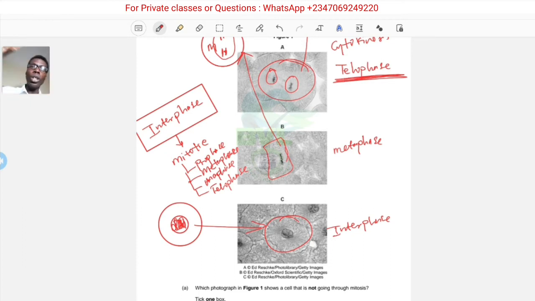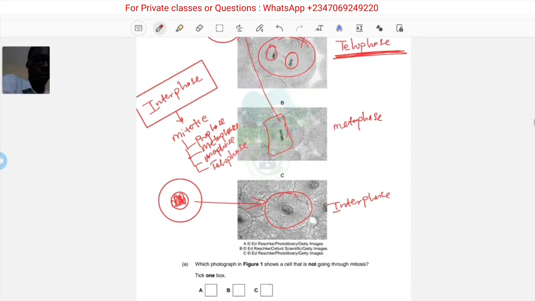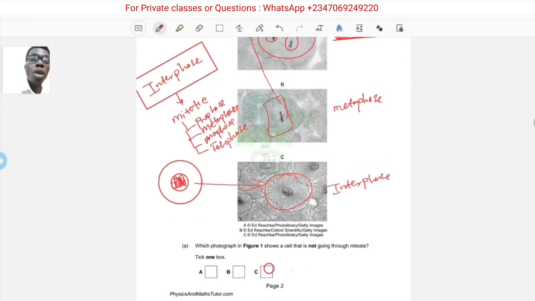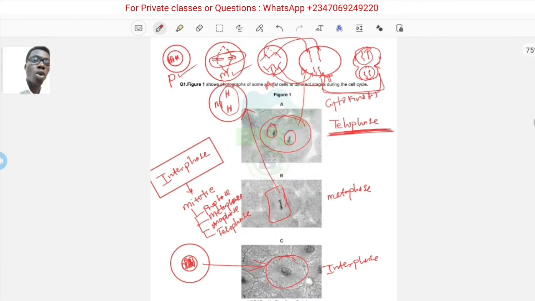So you just go into the two daughter cells. So the answer to this question is C. Why is it C? Because that's the one where there's no cell division at all. So you might want to rewind the video if you need to get some concept all over again.